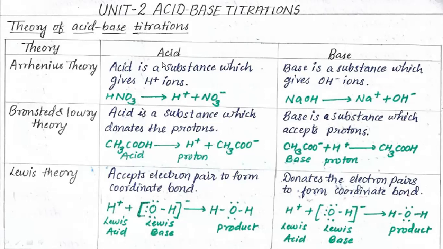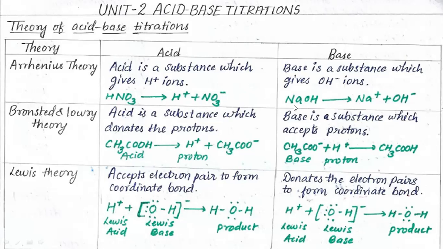So these are the examples of acids and bases. This example explains how a compound behaves as an Arrhenius acid. HNO3 is nitric acid, which provides H plus ions. When it is dissolved in aqueous medium, HNO3 is ionized to form H plus ions and nitrate ions. Due to the formation of H plus ions, HNO3 is called an Arrhenius acid.